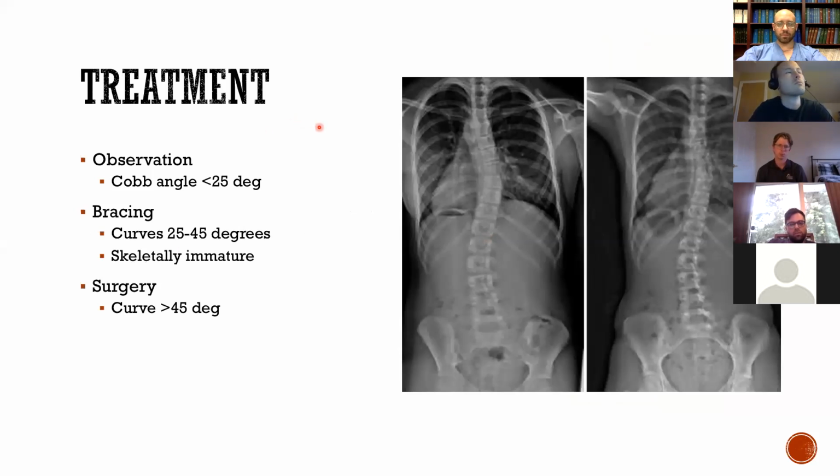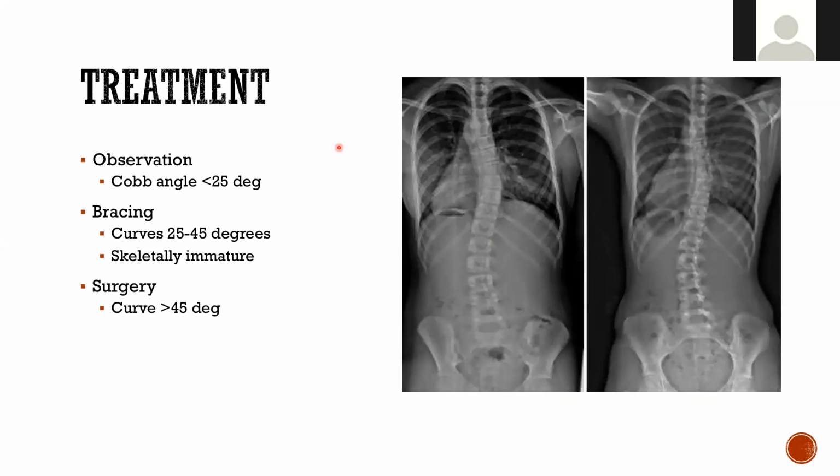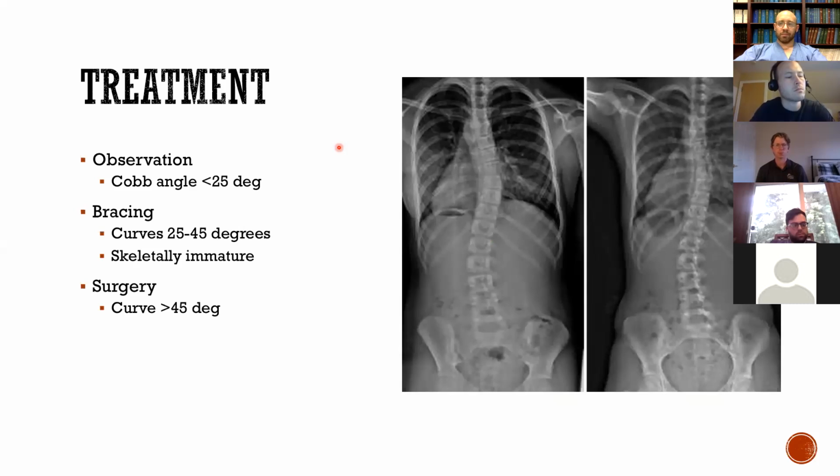So, for Cobb angles that are less than 25 degrees, usually you just watch them. Even if they're relatively young and have presumably a lot of growth progression left, you just watch it. And you follow them with x-rays, especially if they're going through their growth spurt. You need to watch them a little bit closer, because everybody here has had a growth spurt, you can potentially grow many, many inches in 1 year's time.